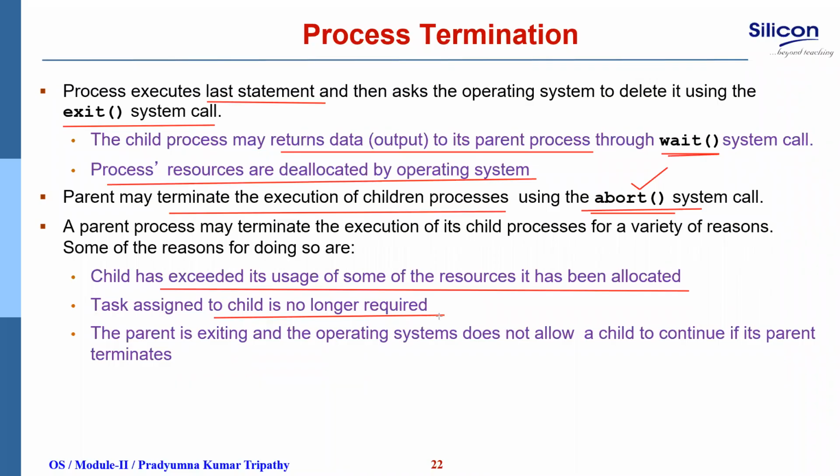So along with termination, it will also kill its child. In operating system commands, we said kill, it will kill those child processes, right? So that means the parent is requesting the killing of its child processes. Is that clear? The operating system doesn't allow a child to continue if the parent terminates, right?